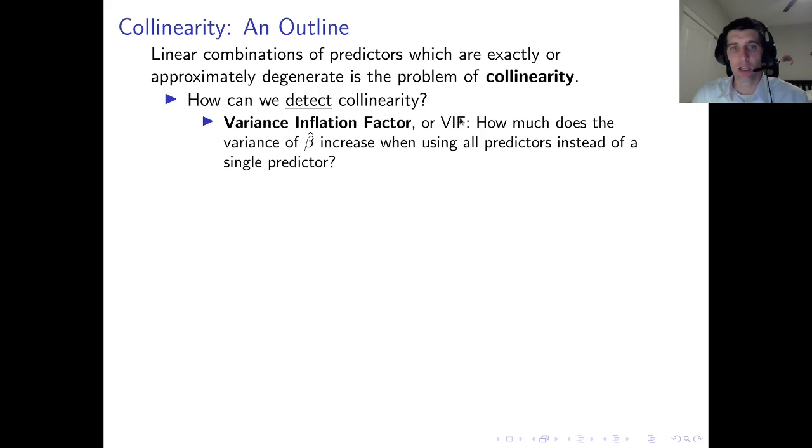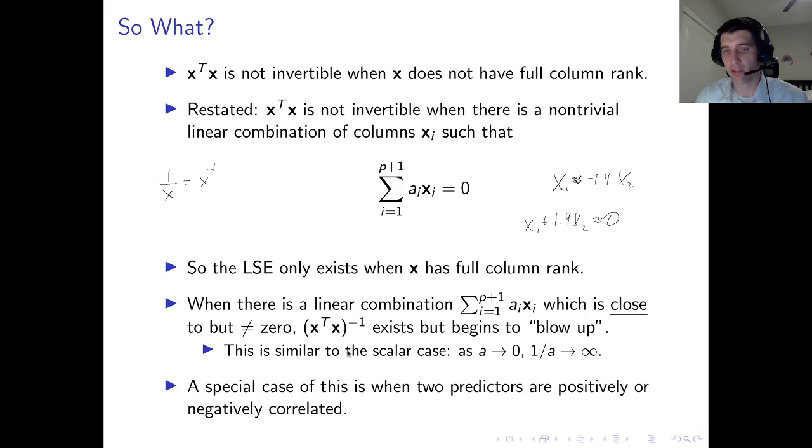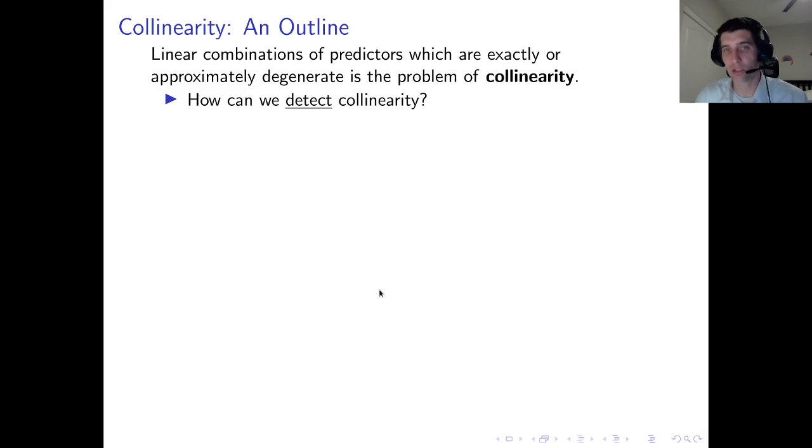We're going to talk about how to detect collinearity using what's called the variance inflation factor. The variance inflation factor measures how much the variance of beta hat, the least squares estimator, increases when using all of the predictors instead of a single predictor. And we'll show why this is related to X transpose X inverse being very large.